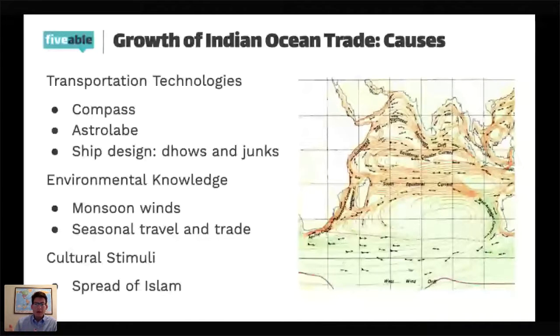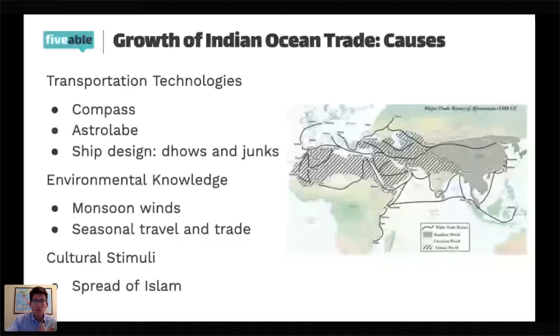Now, that environmental knowledge, of course, spreads from one place to another, and then people can set their trading schedule by these monsoon seasons.